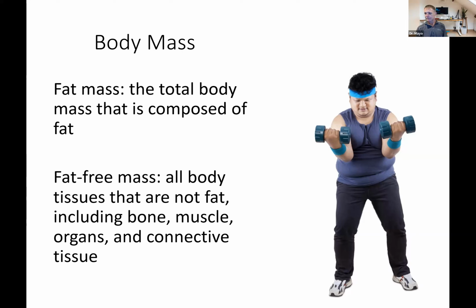So that's 145 pounds fat free mass. Now, this doesn't mean that they have 145 pounds of muscle. This is everything. So when you talk about fat free, and this is the difference, this is everything.